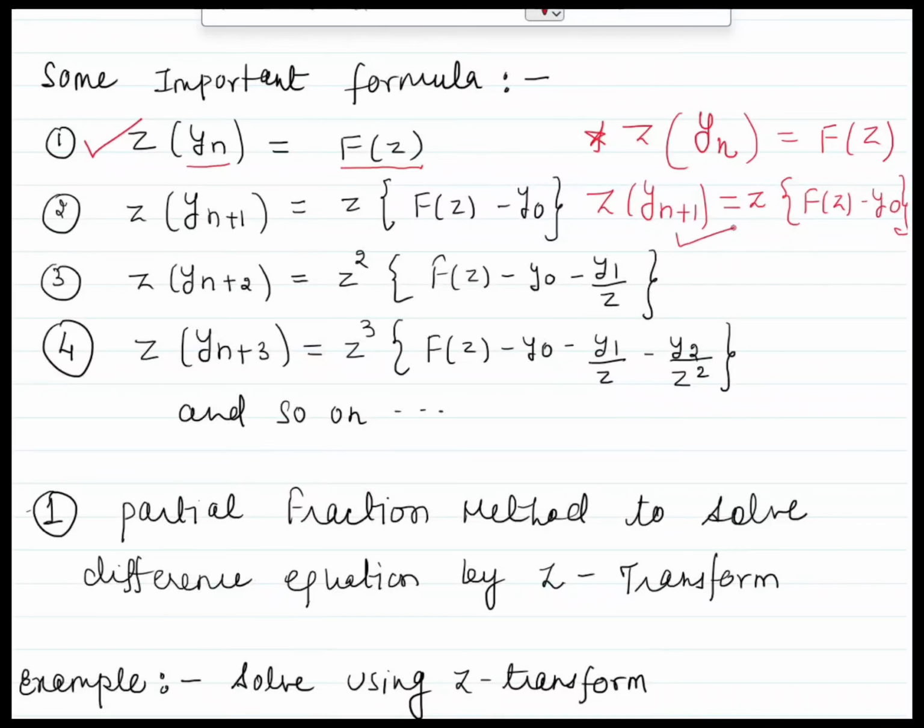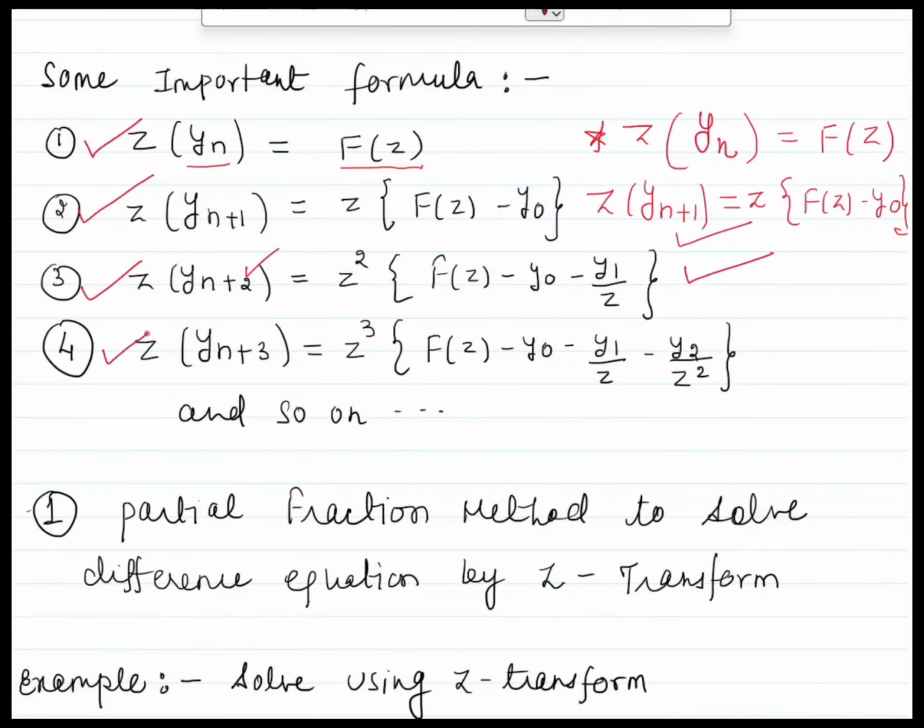We have to learn that the Z transform of the first difference is always written by this formula. Now suppose we are writing the Z transform of the second difference. For the second difference, instead of z, write z square, same f(z) minus y0 minus y1 upon z. We just subtract y1 upon z. So this is the second difference.